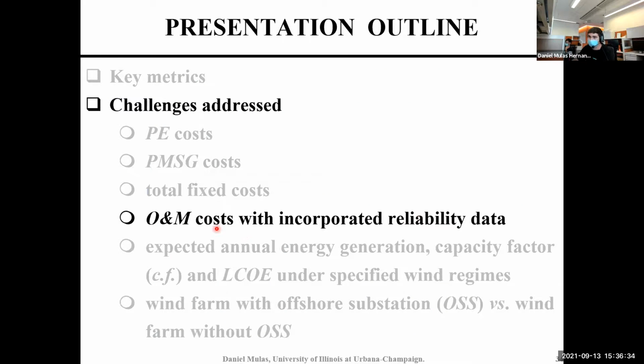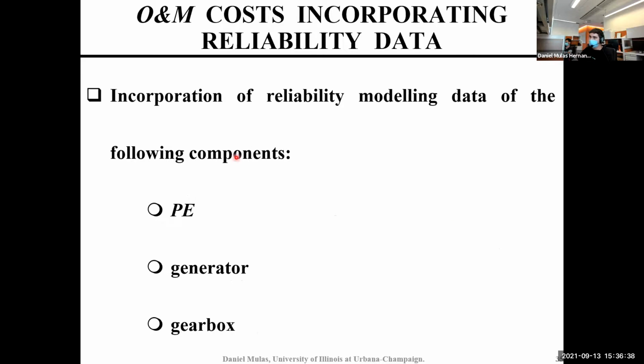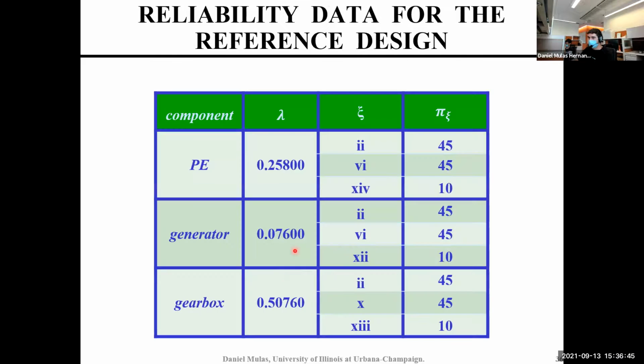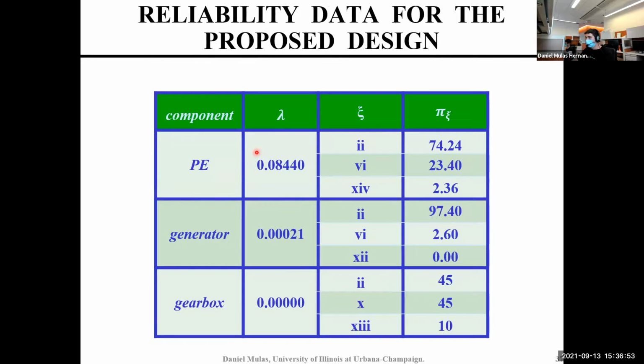Now moving on to the operational maintenance costs with incorporated reliability data. Basically, we changed the reliability modeling data of 3 components: the power electronics, the generator, and the gearbox. This is the data of the reference design. The main thing that changes from one design to the other is that we use the reliability data of the proposed design, where you can see that the failure rates are much lower.